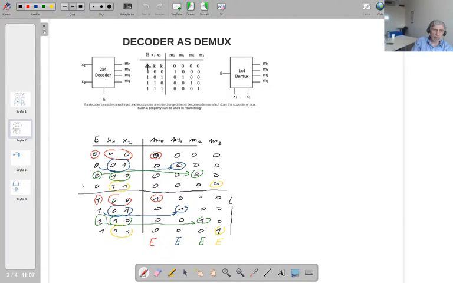As you see, when enable equals 0, all the outputs are going to be 0. Whatever the x1 and x2 inputs are, when the enable is 0, output is 0. So this line here is represented in this expanded definition relation in here. For the enable equal to 1 case, these 4 lines are in here.